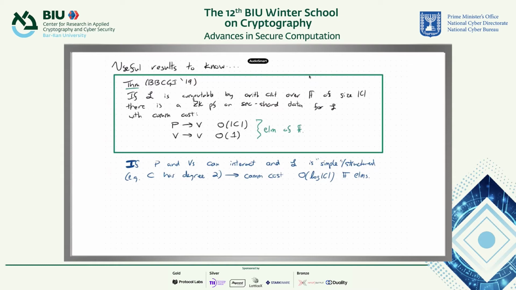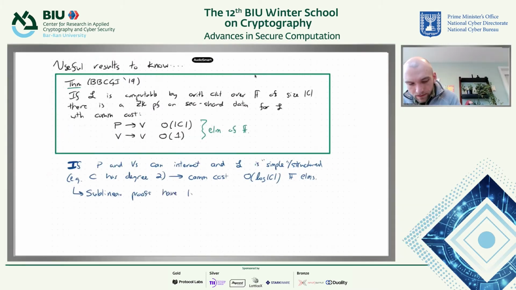These sublinear proofs end up having lots of applications. I hope I'll have time to mention some of them, for example malicious secure multi-party computation ends up being super useful.